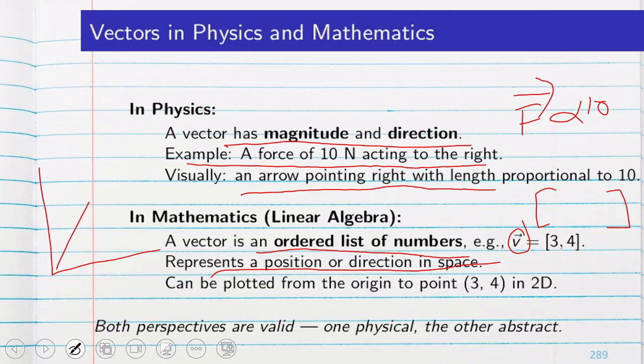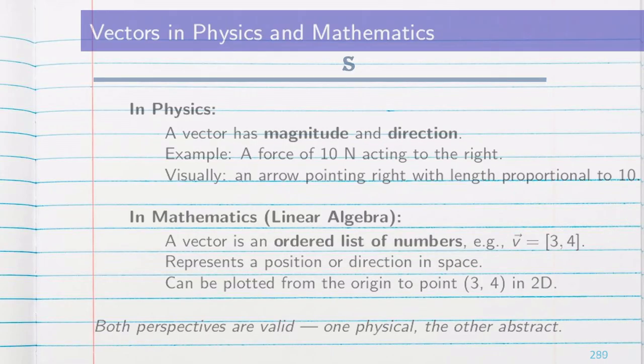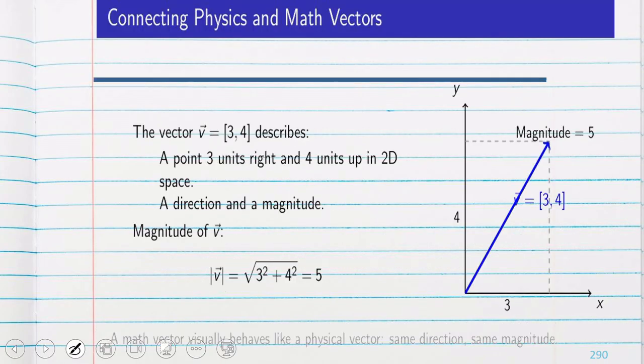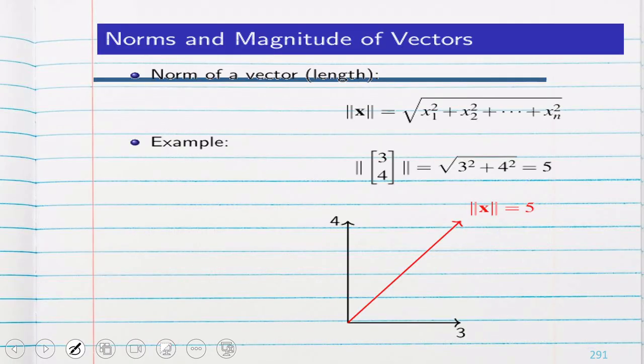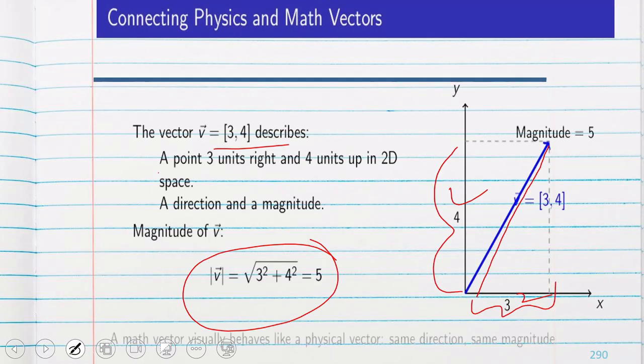Like that we can plot one vector. 3, 4 describes a point 3 units right and 4 units up. So this is the vector. The magnitude is found using 3 squared plus 4 squared, then take the root, that is 5.